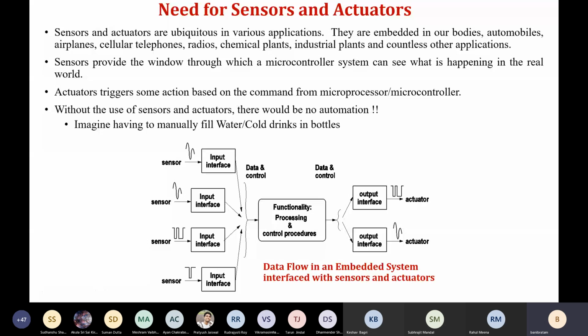So this 5 volt cannot drive that type of actuator. And the type of data is also an important factor, because the microcontroller will give you digital data, but the actuator you want to drive may not handle digital data, it might require analog data. So that's why you need some output interface block as well, which will make the microcontroller output compatible with the actuator, right? So this is the data flow in the embedded system.